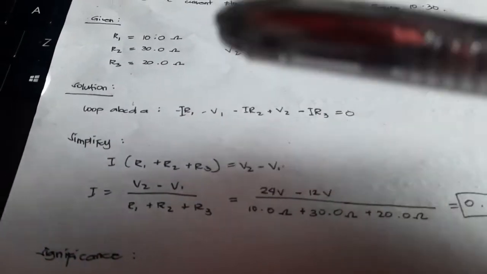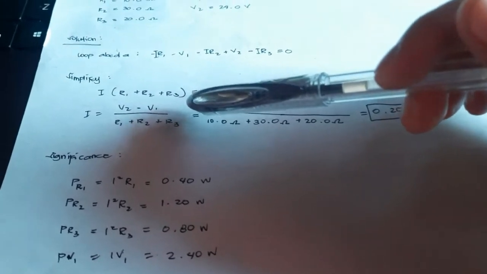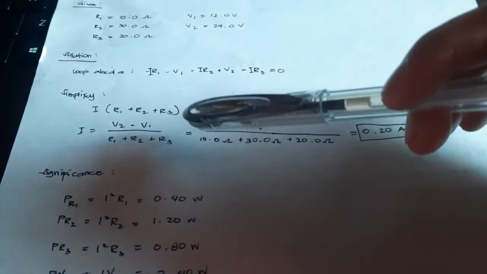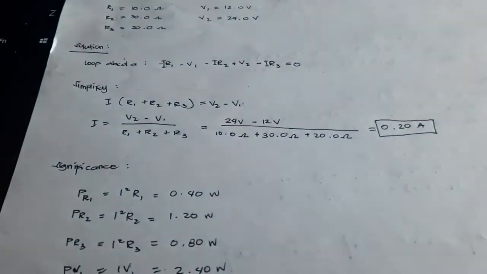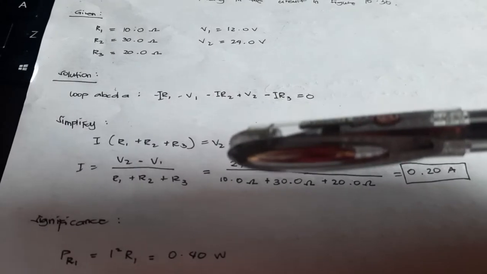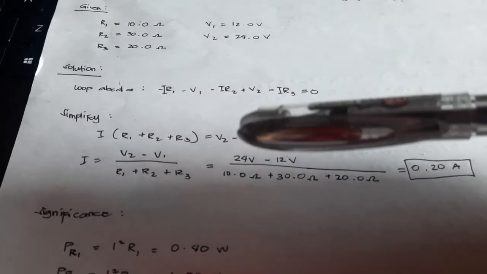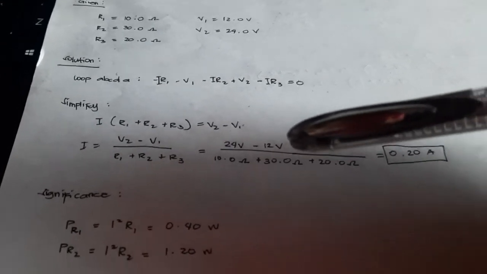So simplify the equation by placing the unknowns on one side of the equation. So we gamiton nato ang values sa given sa figure dito sa book. So I times the quantity of R1 plus R2 plus R3 is equals to V2 minus V1.